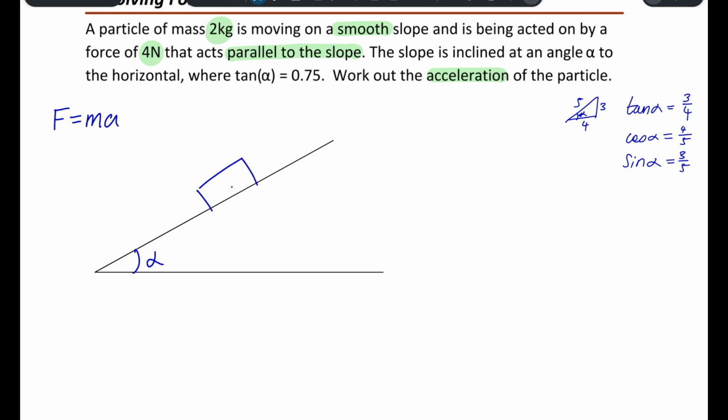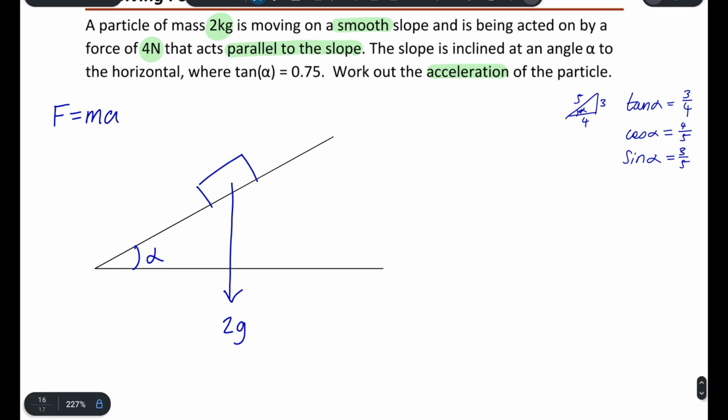So the mass or the weight here is just going to be mg, so that's 2g. We know that there's a force of 4 newtons acting parallel to the slope. So in this case, the force is acting parallel to the slope, and it's 4 newtons.